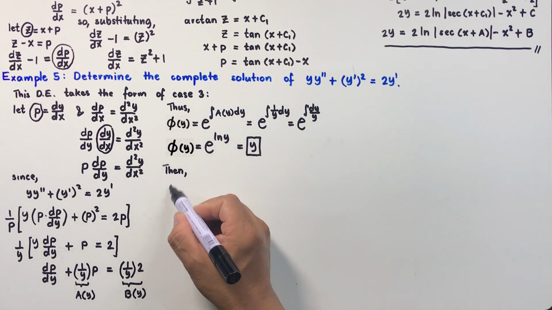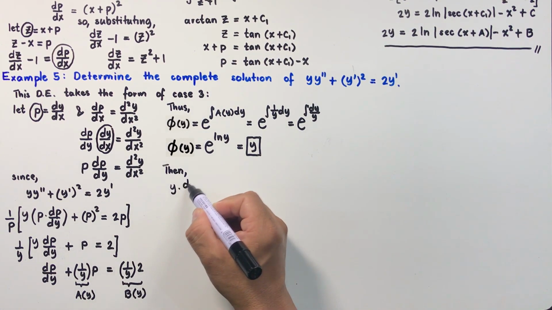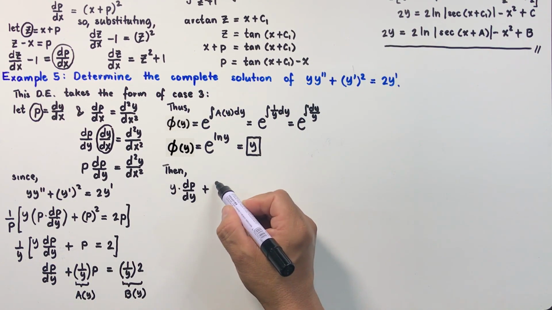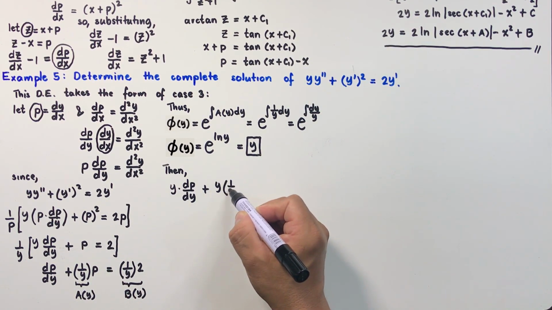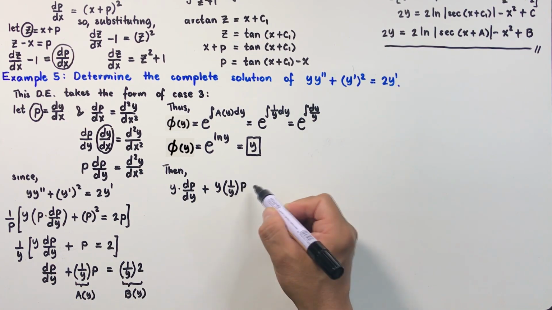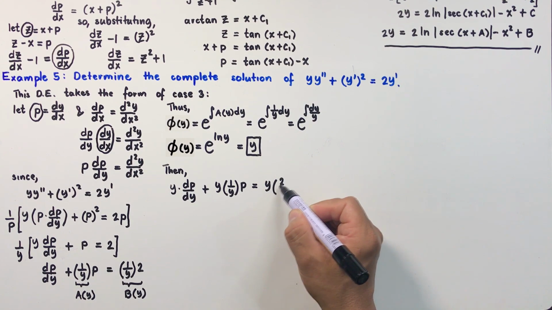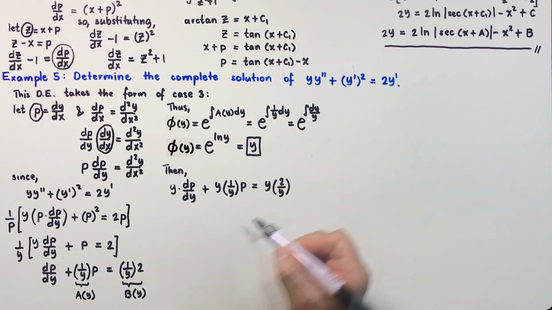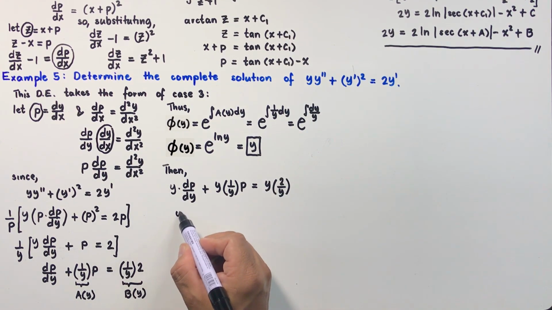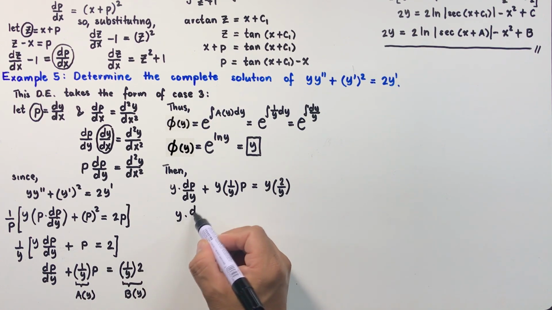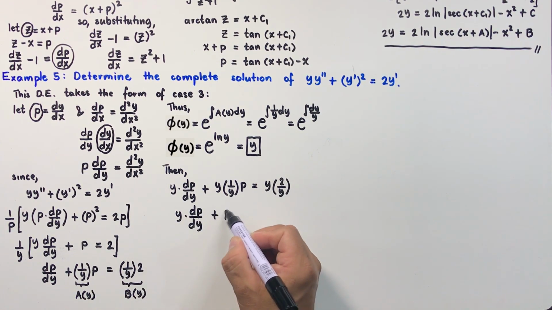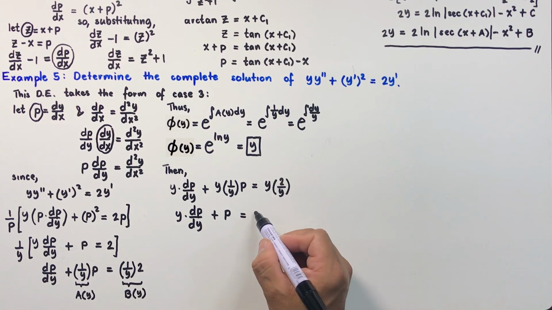So y times dp dy plus y times 1 over y times p, equal to y times 2 over y. So this is y times the derivative of p with respect to y plus p, equal to 2.